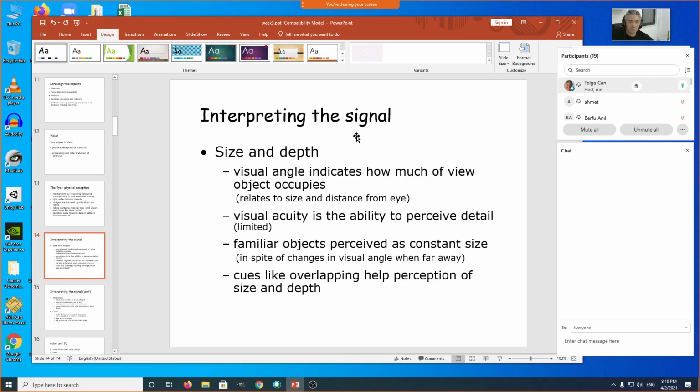But when we interpret the signal, the size and depth of objects give us certain clues as to how far away they are. The visual angle indicates how much of the view the object occupies. And visual acuity is the process of perceiving detail.